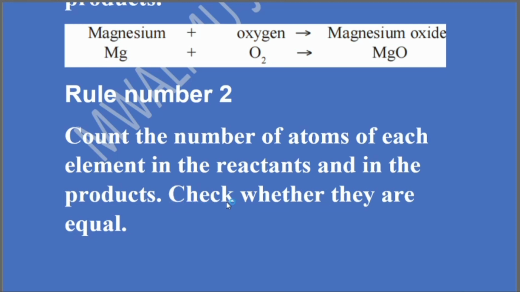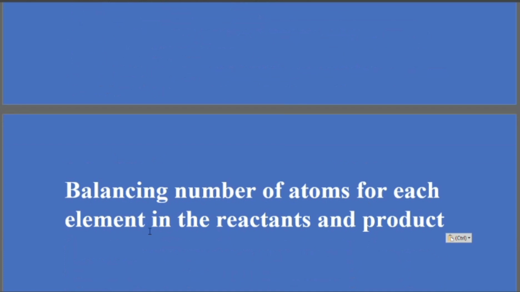Now let's balance the elements in the reactants and the product for the equation that we have of magnesium ribbon reacting with oxygen.